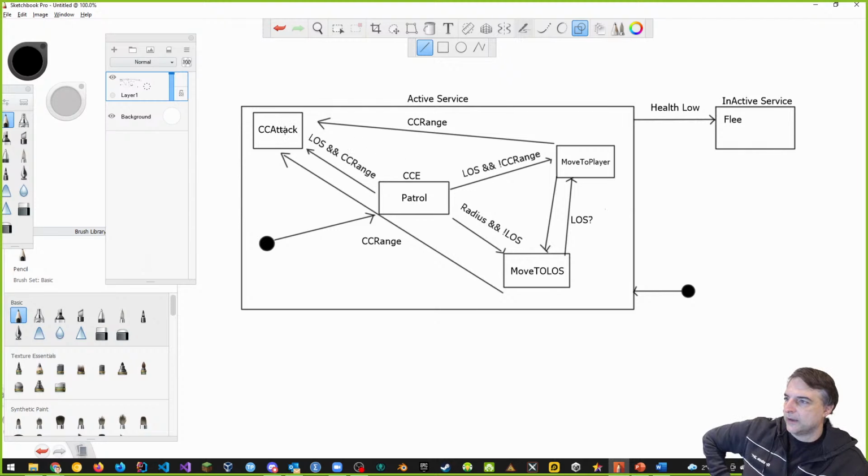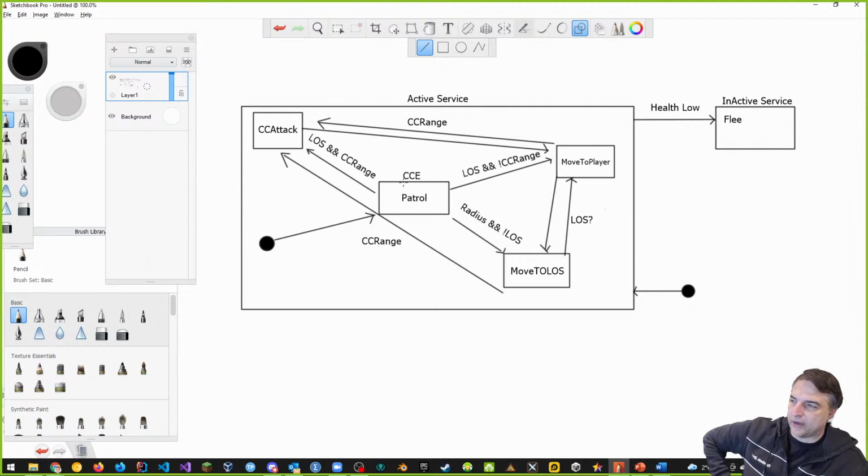Can I be in close combat range? If I'm in close combat range, I want to do a close combat attack. But if I'm not, then maybe I can transition back, where I say, well, the player's moved away, move back to the player. That's also something that can happen.